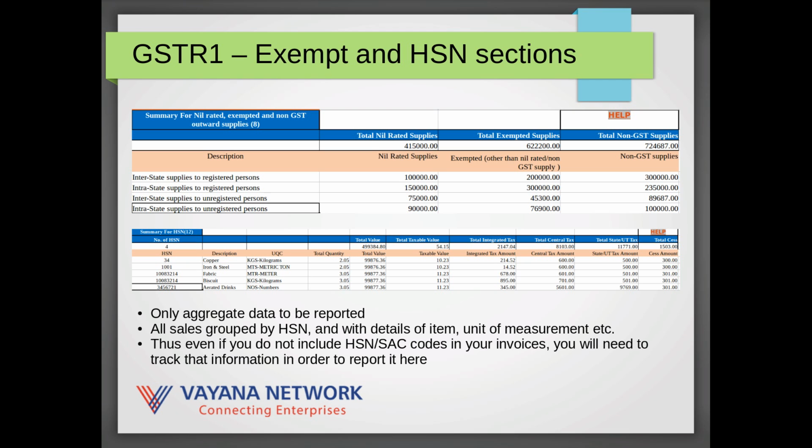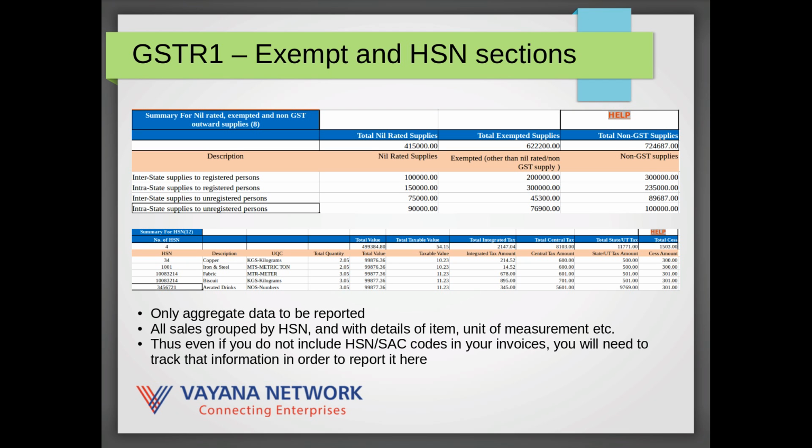Similarly, there is a separate HSN section, and as I mentioned, every business has a set of HSNs or SACs that are used to classify its goods or services. In this section, you have to submit the aggregate amounts that you have billed on a per HSN or per SAC code basis.